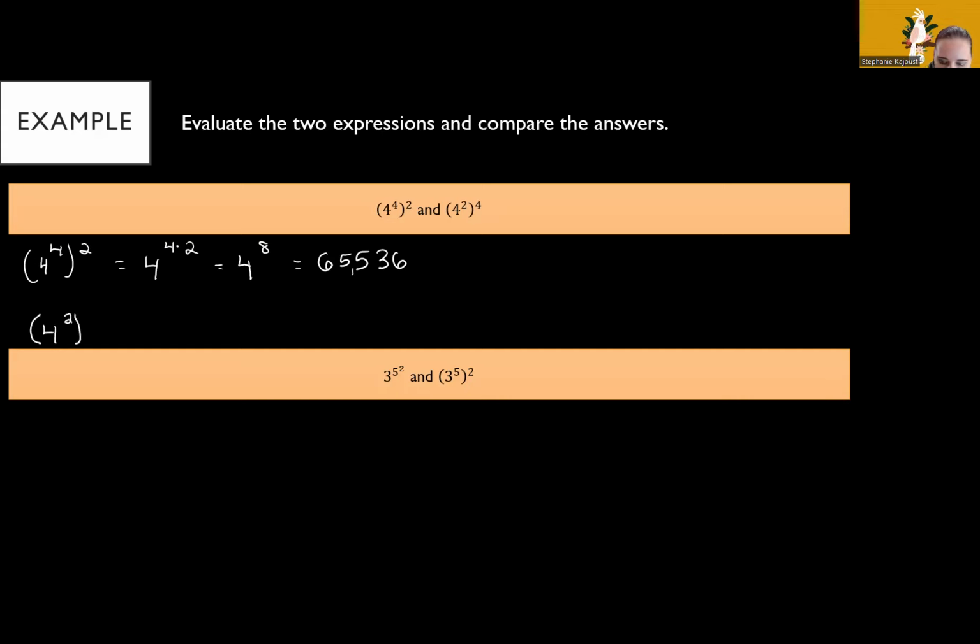So 4 squared to the 4th would be 4 to the 2 times 4. We get the same answer, 4 to the 8th. And so these are equivalent. Evaluating is getting the actual number answer. We have 65,536 for both of them.